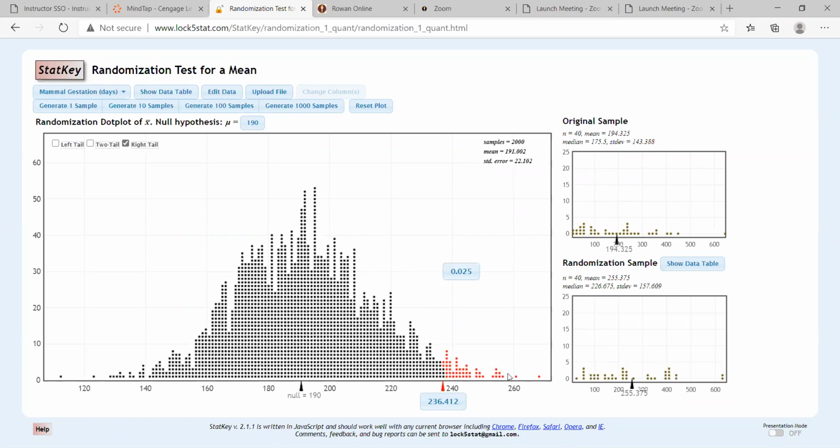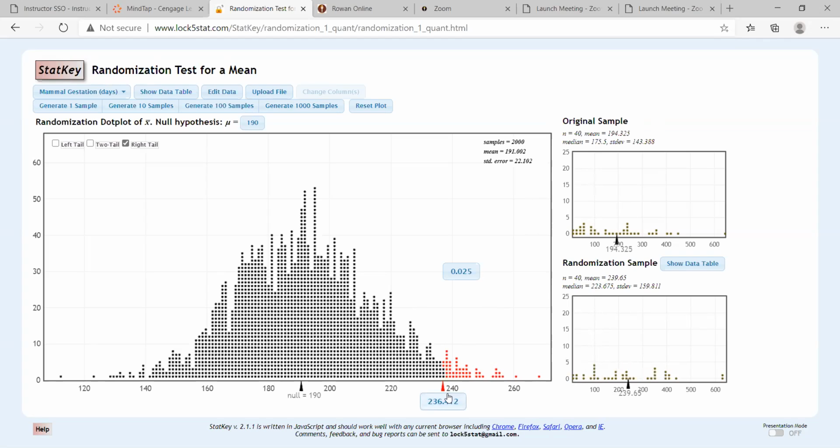If we wanted to plot the actual sample mean, 194.325. Remember, this is the original sample mean. Ignore what's down here. This is just the last one of these samples that we created.